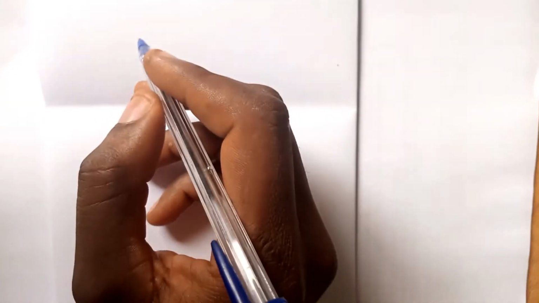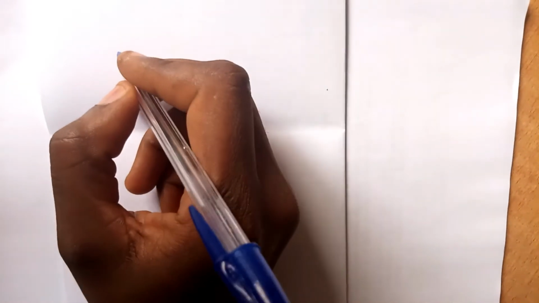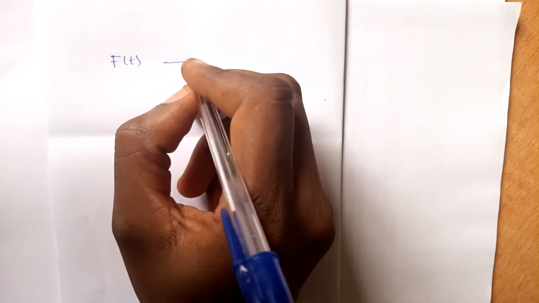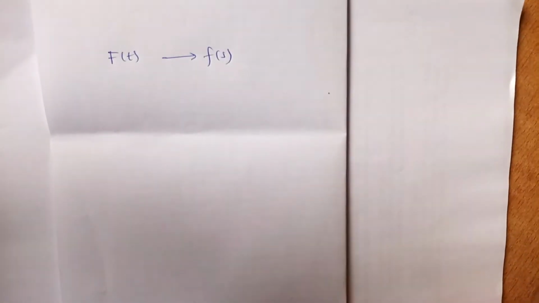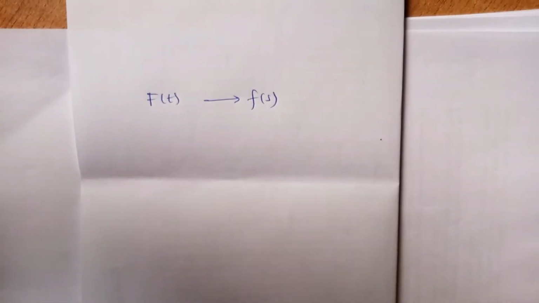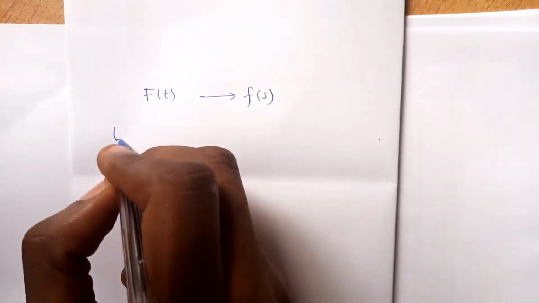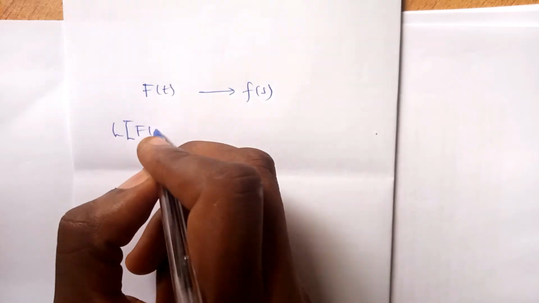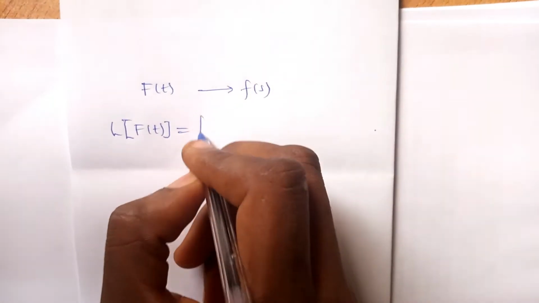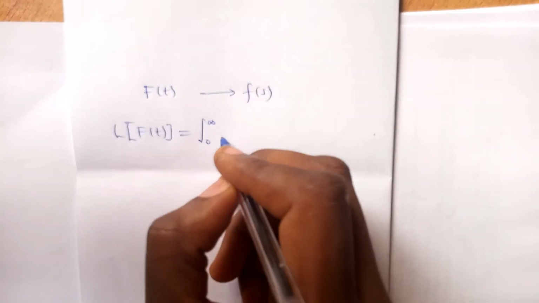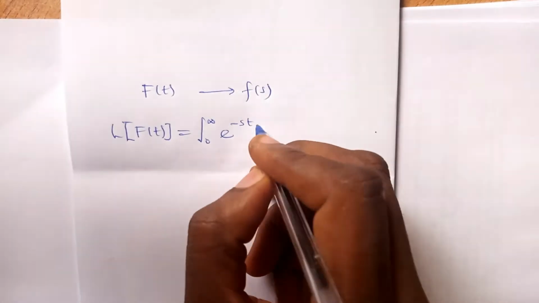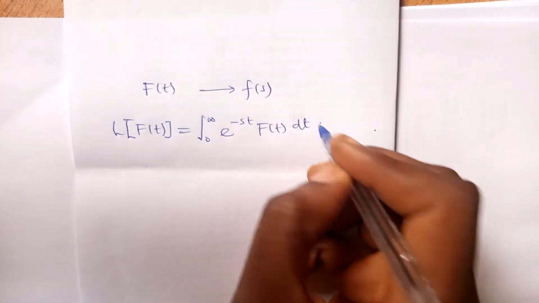We considered in the first class that Laplace transform is just like a conversion of a function from t domain to f of s. Do you remember? And I introduced the expression to you, which is Laplace transform of f of t is equal to integral from 0 to infinity e to the minus st f of t dt.